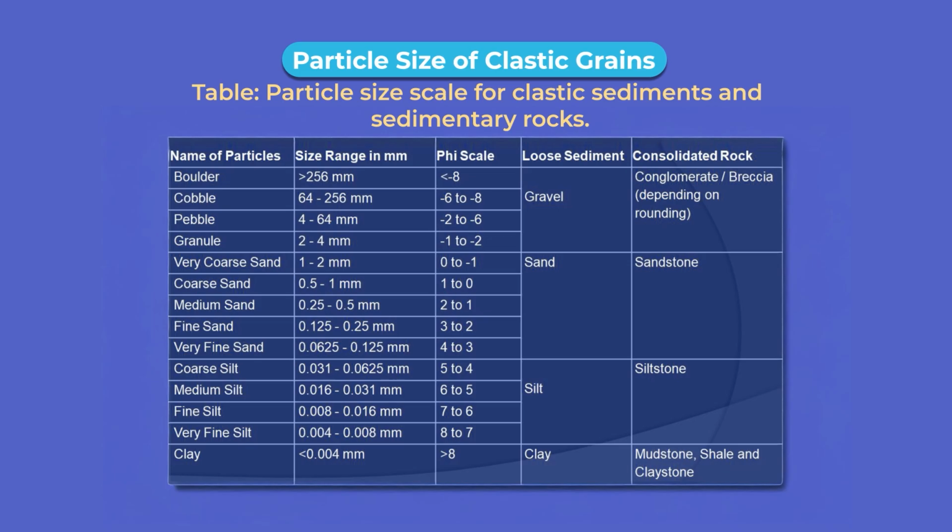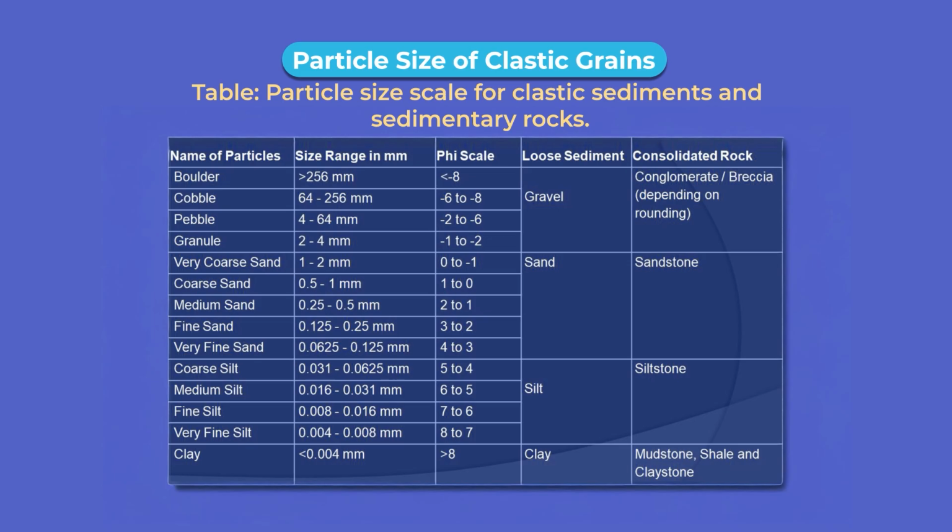Then there is cobble. Cobble has 64 to 256 millimeter size, with -6 to -8 phi. Pebble, 4 to 64 millimeter, has -2 to -6 phi.